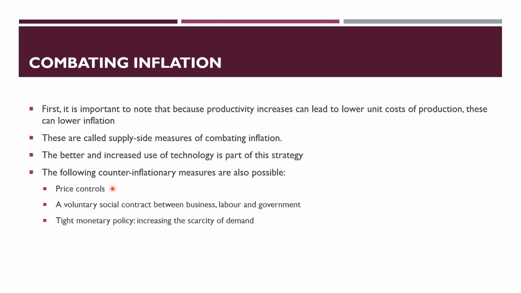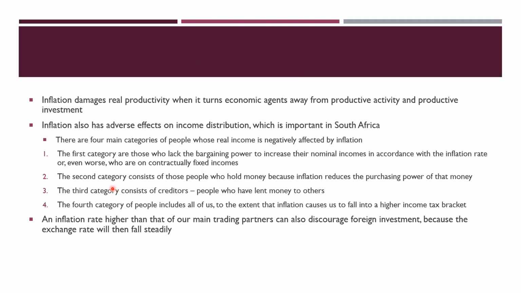Okay, it might look like we are using contradicting words here, increasing the scarcity of demand. So in other words, we are just reducing demand in the economy. Because the scarcity of demand means there is no demand, so we are increasing that scarcity of demand. So if this is confusing, you can just say aiming at reducing aggregate demand. So these are some of the policies that can be used to combat inflation.